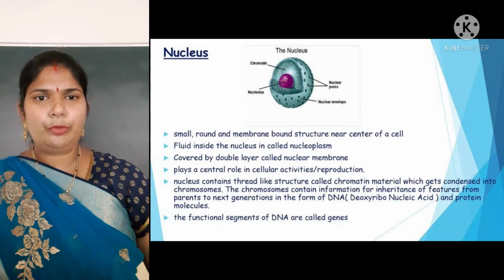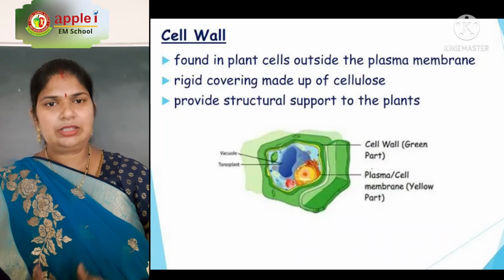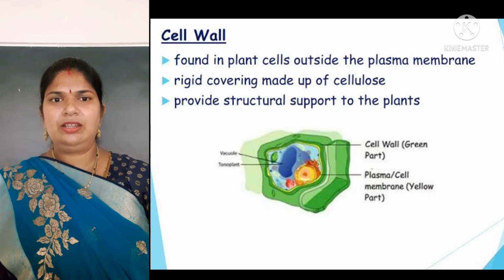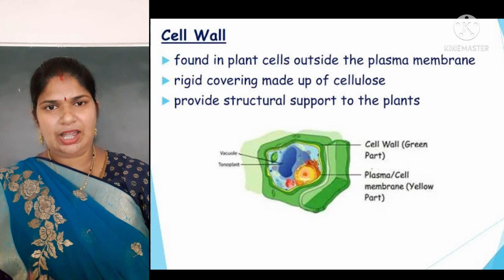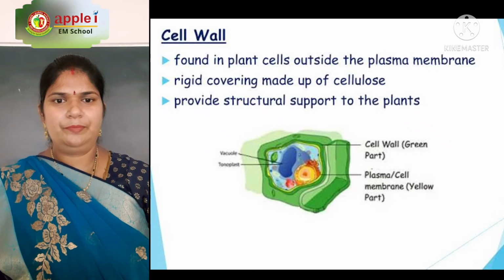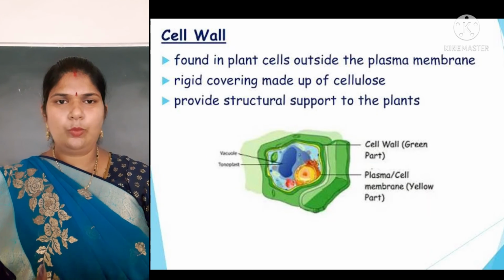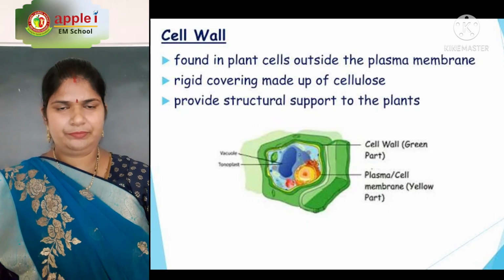One more important part the plant cell has, children. Other than the plasma membrane, cytoplasm and nucleus, the plant cell has one more extra part, that is the cell wall. What is it called, children? Cell wall. This cell wall is rigid. Why?